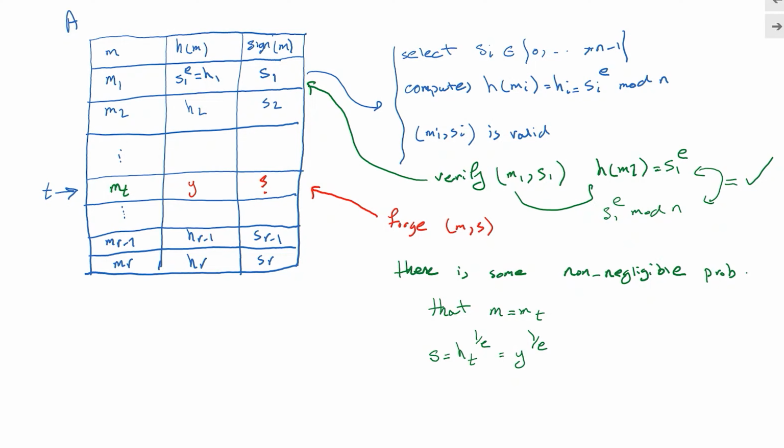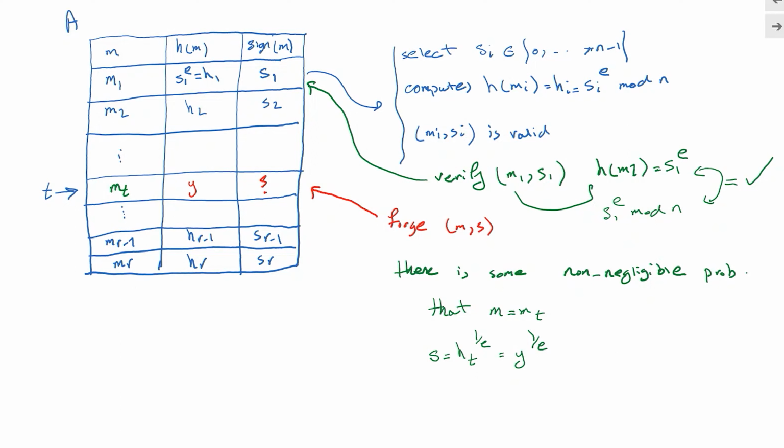So at the end, the forger would return a forgery message, some message M, and the corresponding signature S. With some non-negligible probability, there is a possibility that he also provides this forgery for some other message, in which case we abort, but those probabilities are very low.